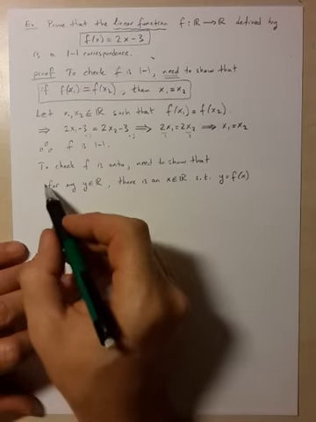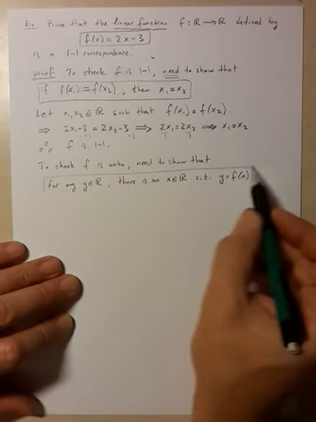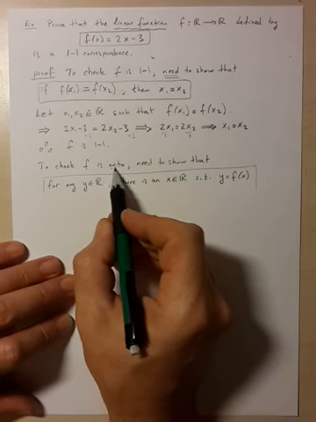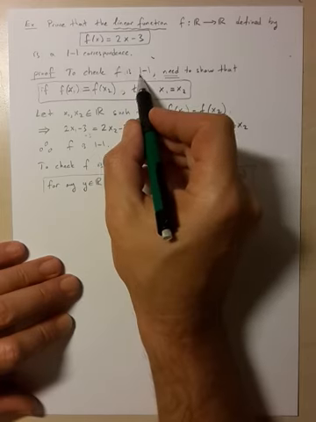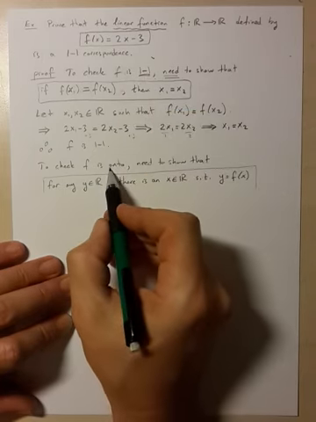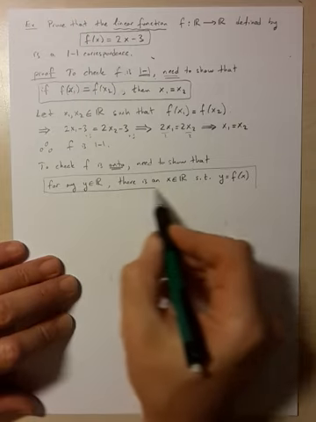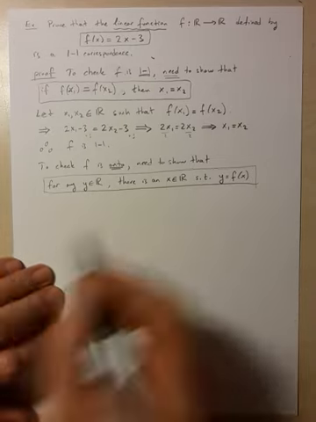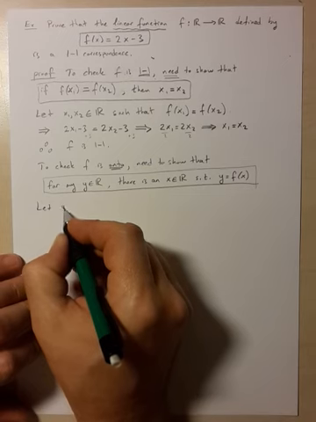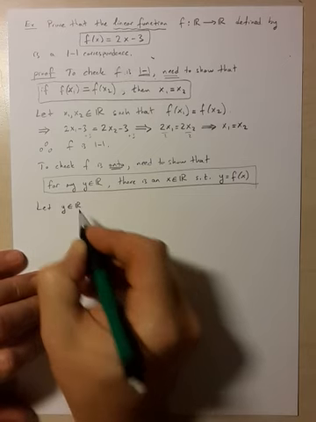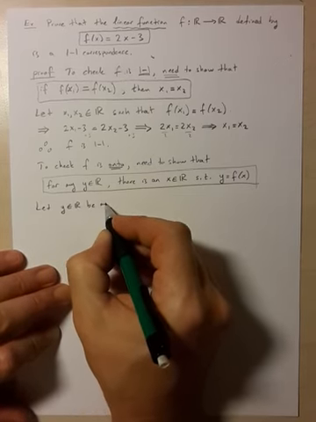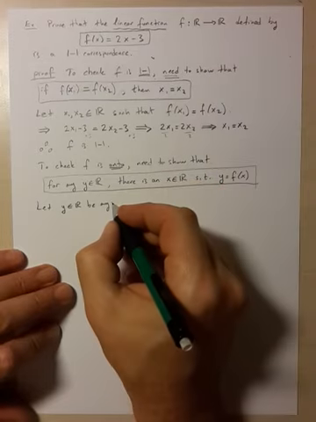This is what we need to show. This is the condition that we need to check for ontoness. Here, this is what we need to check for one-to-oneness, and this is what we need to check for ontoness. Okay, so let y be any element taken from the codomain.